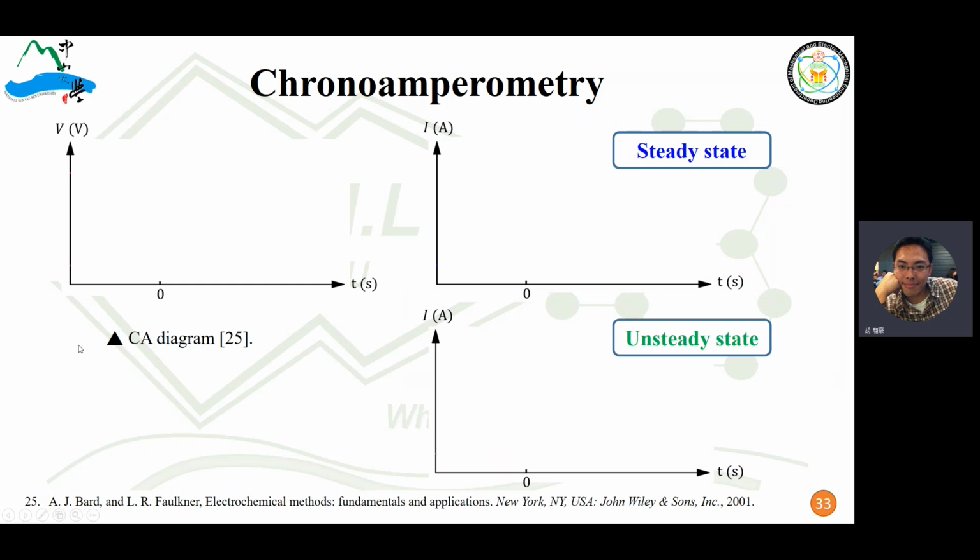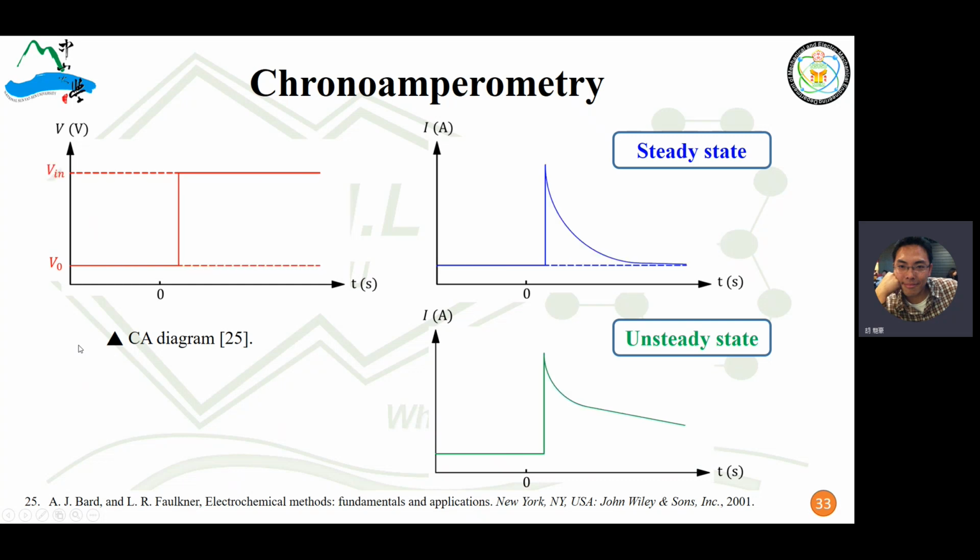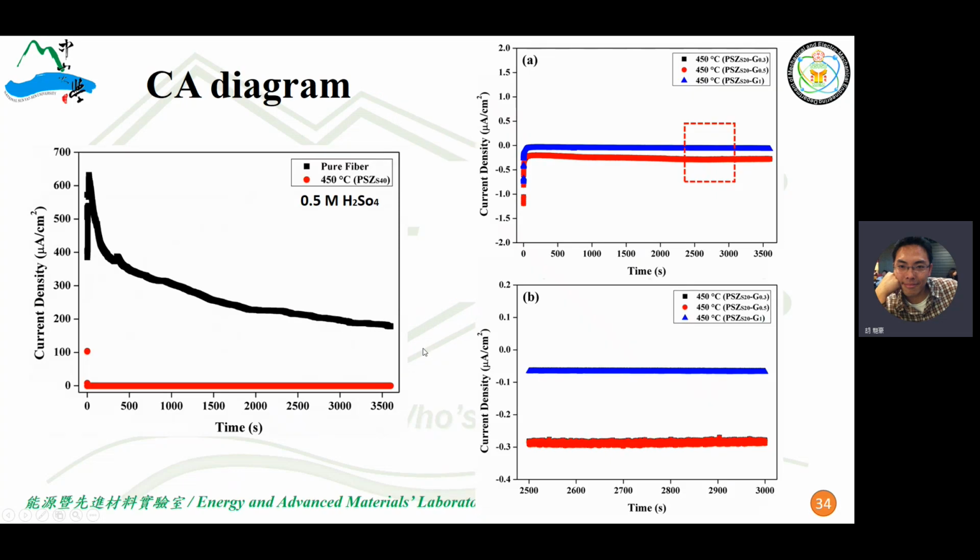And we also do the chronoamperometry test. We apply a fixed potential and measure its current change with time. So what do we get here?